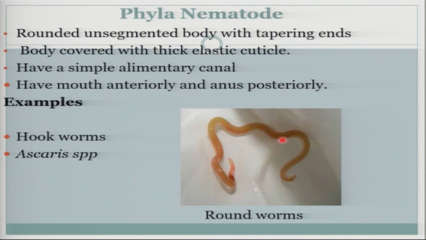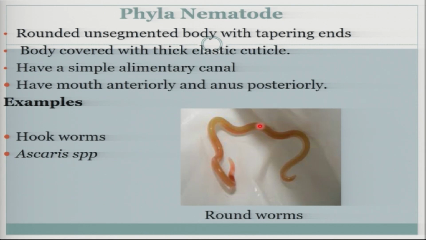How are their features? As you see, their body is round and does not have segments. We have been all along talking about the arthropods with segments, but for these ones, if you look at their structure, they don't have segments. It's just plain. So the body is unsegmented, just round with tapering ends, all right? They are covered by a thick elastic cuticle. On their exoskeleton, they have a thick elastic cuticle, and a simple alimentary canal.